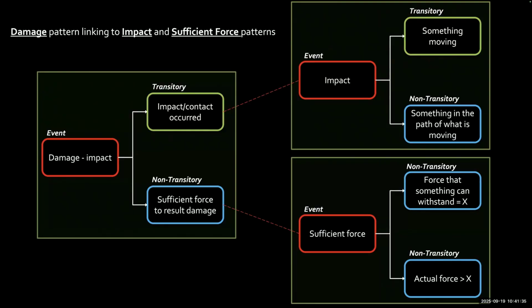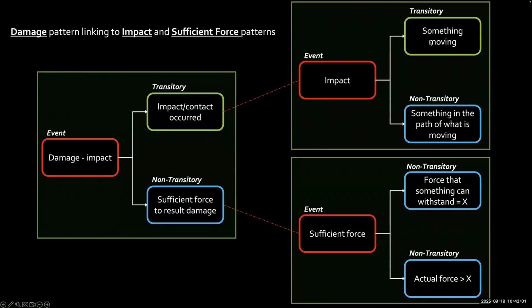Okay, so in the case of the dented can, if my hand is moving and the can is in the pathway, then you can see that the impact occurs. Now, it's not a perfect model because my hand is moving right now and the can is in the pathway and there's no impact. The impact occurs at that point in time and space where they actually come together.